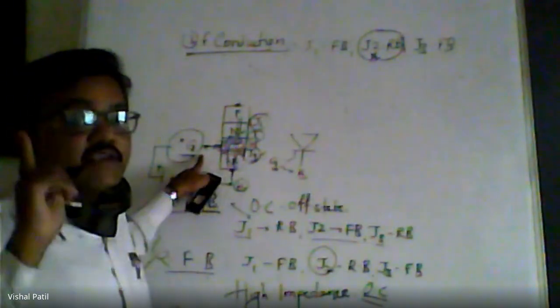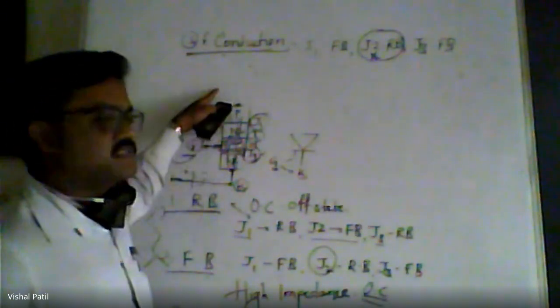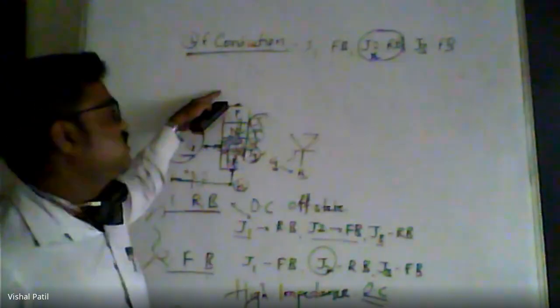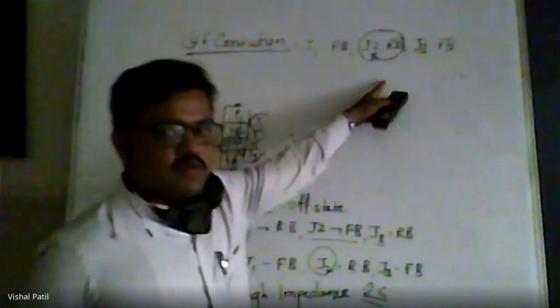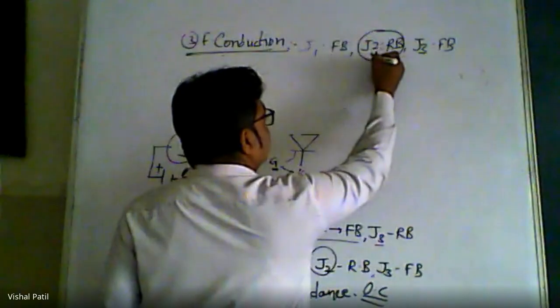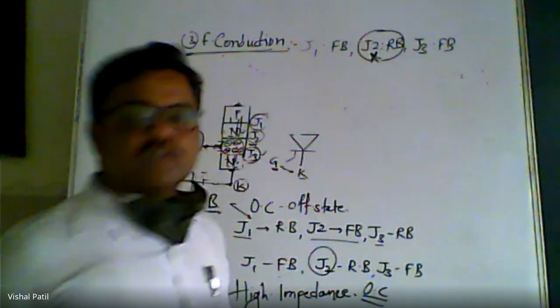So the gate plays an important role in the operation of the thyristor. When it is turned on, the gate plays its role by making junction J2 vanish, because of which there is no reverse biased junction available.